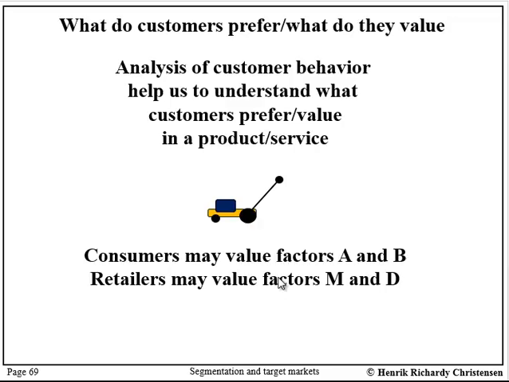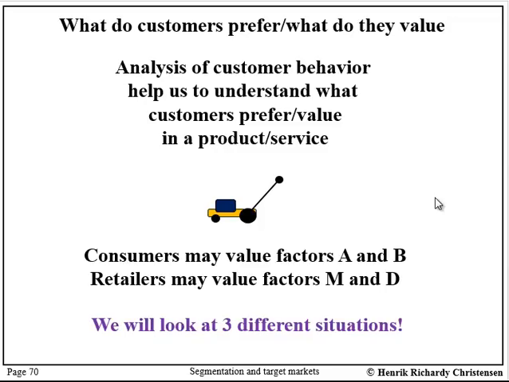So consumers might value the factors A and B, where retailers for the same kind of product might value the factors M and D. So we cannot really say that it's only one factor that everyone in the marketplace is valuing, because different groups might value different factors.